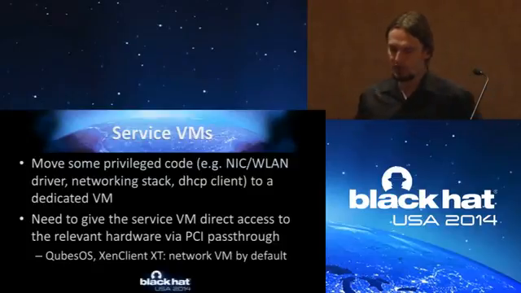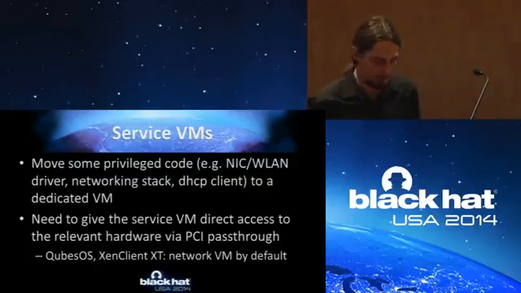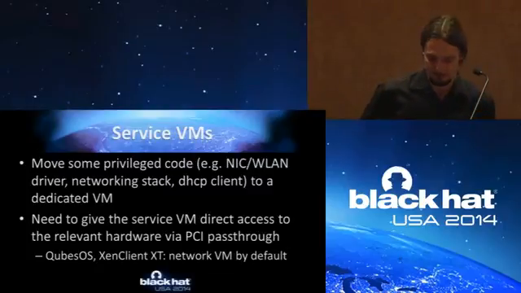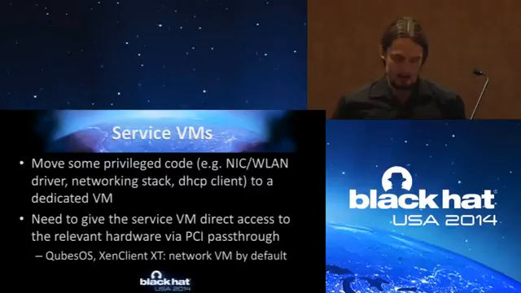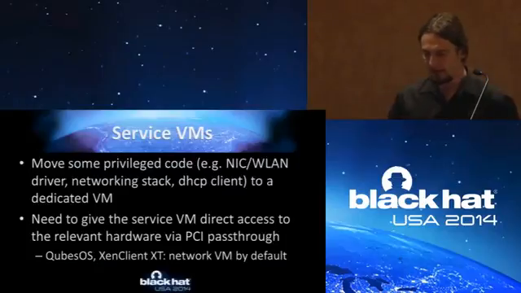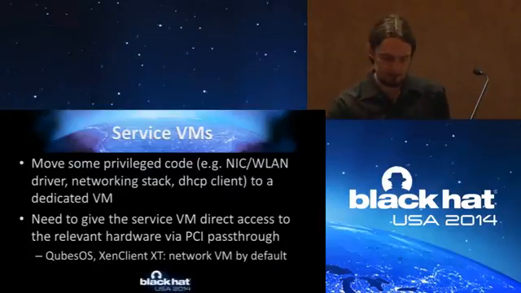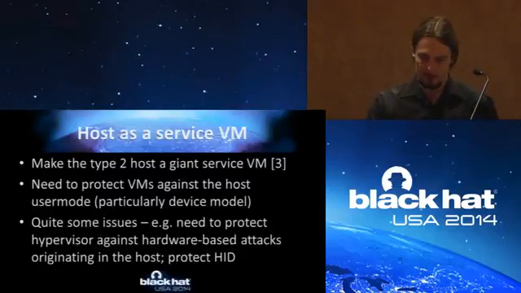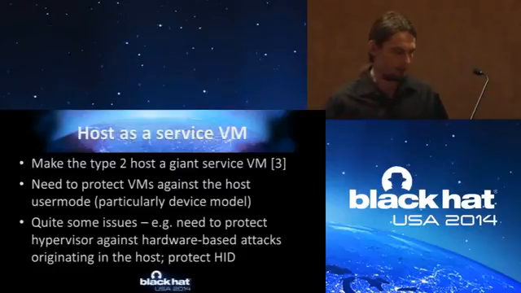You don't have to worry about vulnerabilities in your wireless card drivers when you come to some host-side environment. And some solutions like Qubes or XenClient XT install the network VM by default, right? Again, it's very useful.